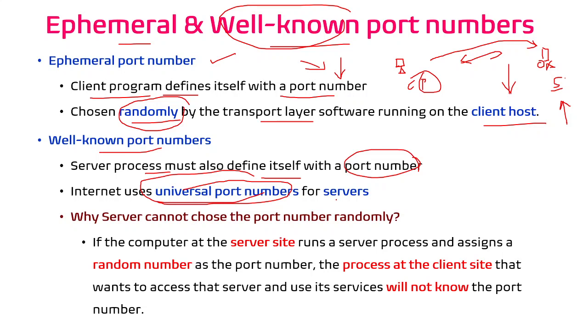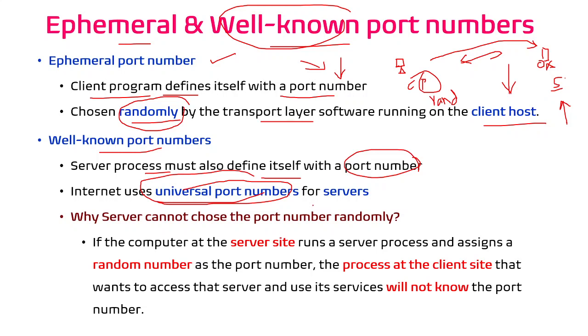For the server, that port number is called a universal port number, but at the client side it is called an ephemeral port number. This ephemeral port number is chosen randomly, but here at the server side it is a universal or unique port number that we have to open for a particular process.